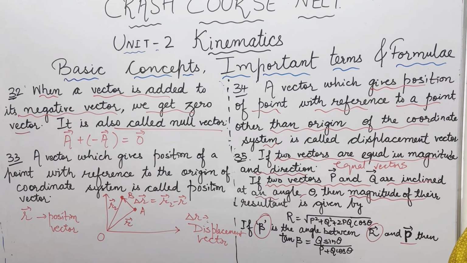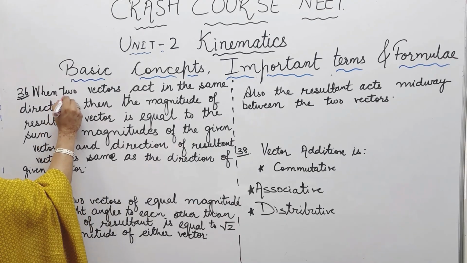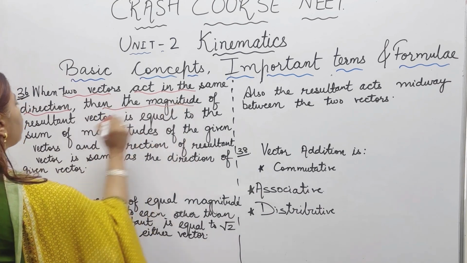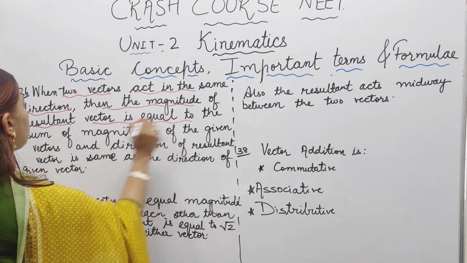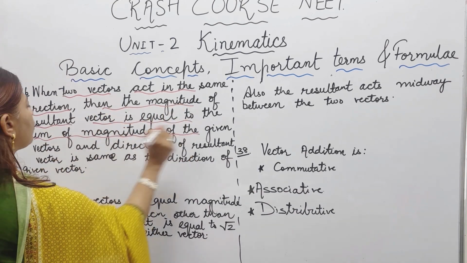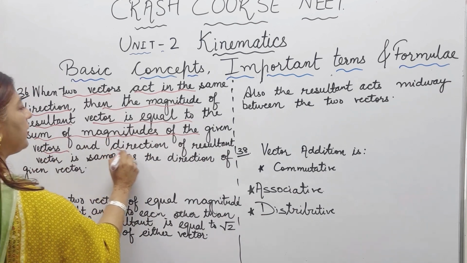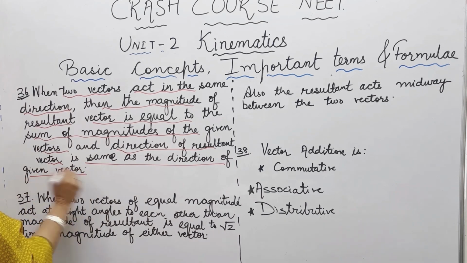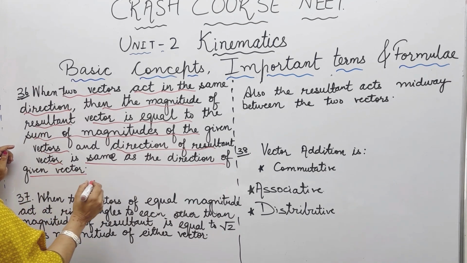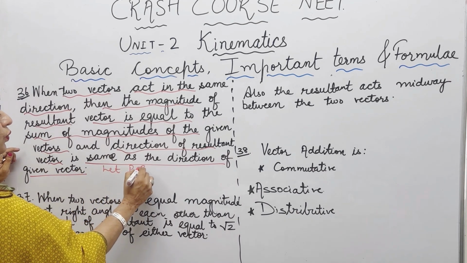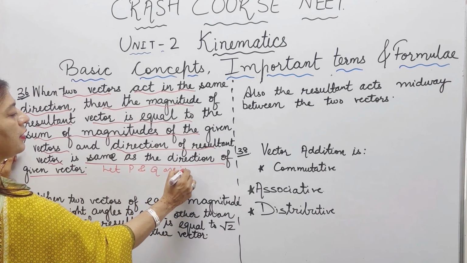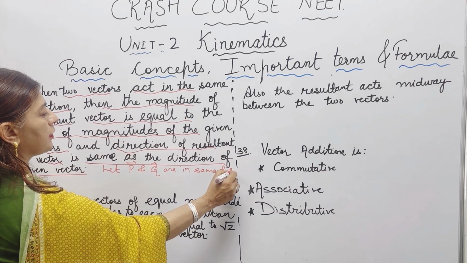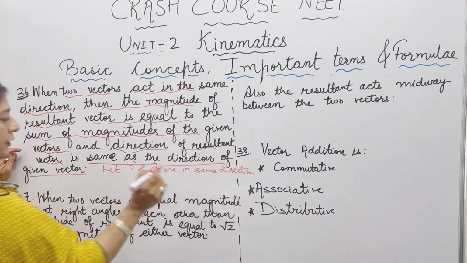When two vectors act in the same direction, the magnitude of the resultant vector is equal to the sum of the magnitudes of the given vectors, and the direction of the resultant vector is the same as the direction of the given vectors. What does it mean? Let p and q be vectors in the same direction. Same direction means the angle between them is 0.